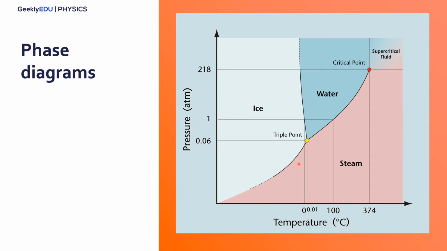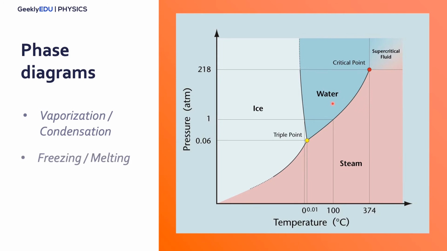Okay. Now, if you change phases, we can change from the liquid to the steam, and this is called vaporization. If we go back into this line here, we have condensation from vapor to liquid. Also, on this other line here, if we go from water to ice, we have freezing, and from ice to water, we have melting.